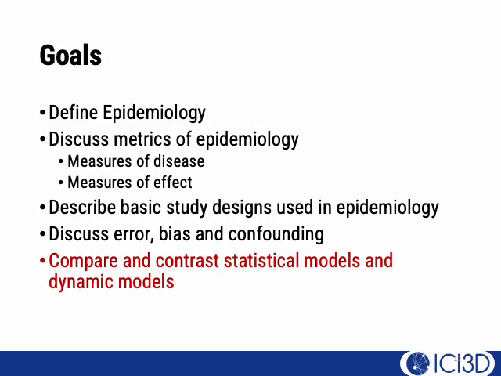So far we've discussed basic epidemiological concepts. This lecture is of course part of a clinic on meaningful dynamical modeling of epidemiological data. So I would like to tie things together and briefly compare and contrast statistical models and dynamical models.